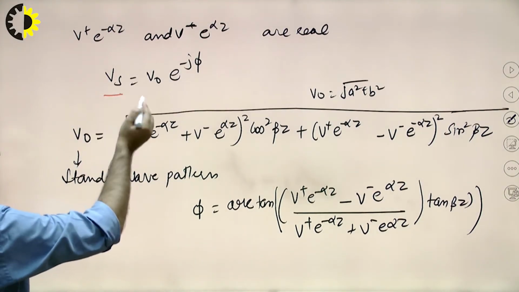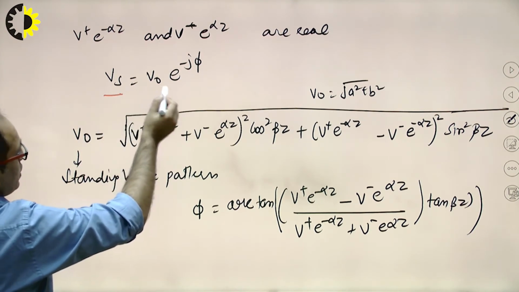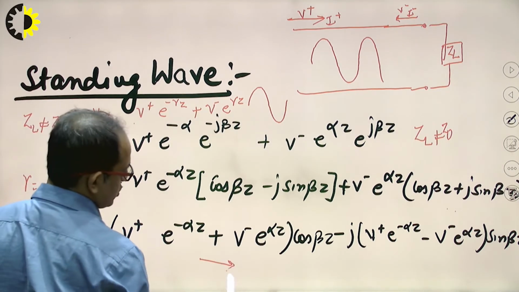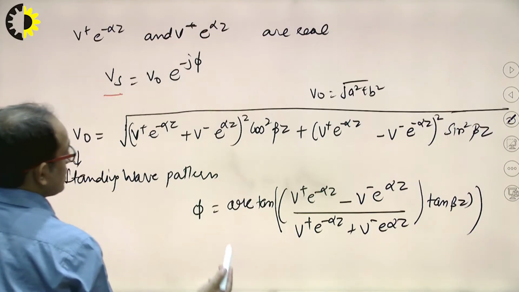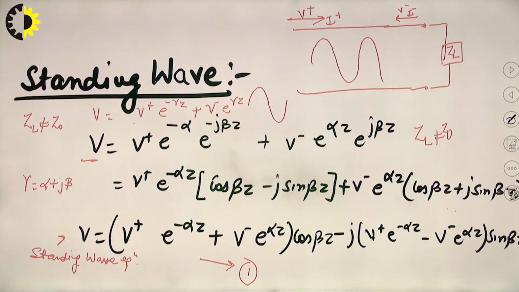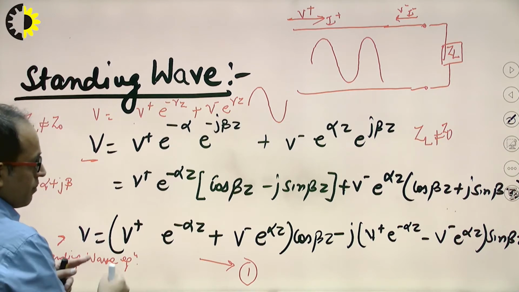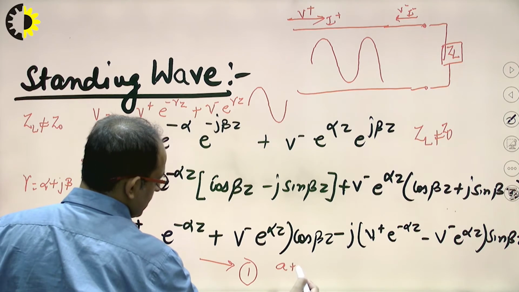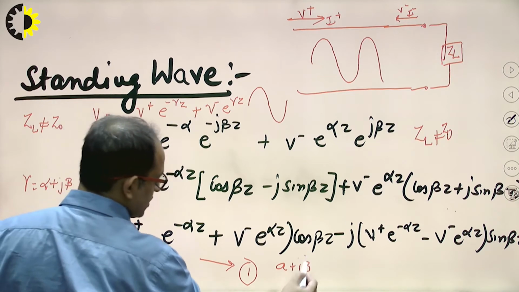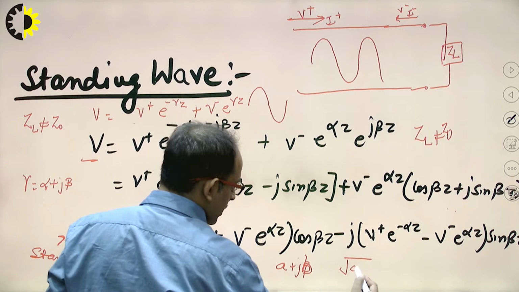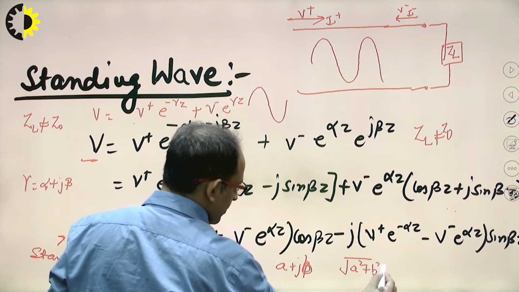Vs is generally given as V naught e power minus j phi. On comparing, let's say this is equation 1 and this standard pattern is equation number 2. You will observe what V naught will be: the magnitude, because this equation is in the form A plus jb, and the magnitude of A plus jb is root of A square plus b square.